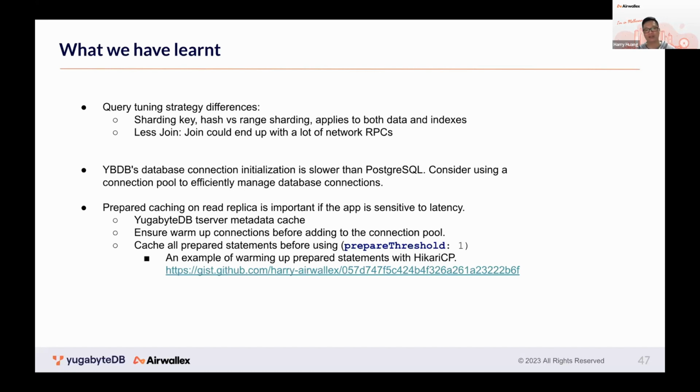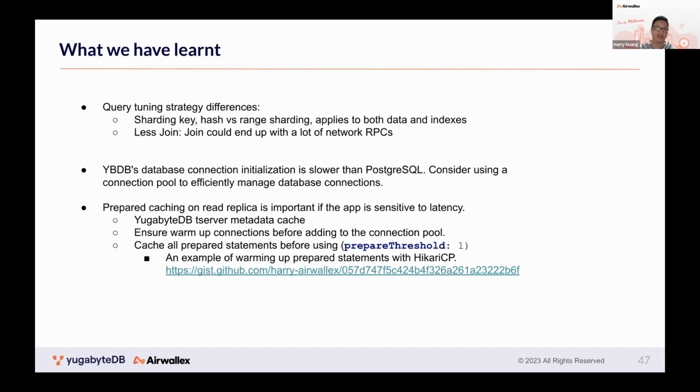So we created an example of how to warm up prepared statements with a connection pool like Hikari, by providing it with a data source instead of a connection configuration. In this case, we can bypass all those latencies for prepared statements.